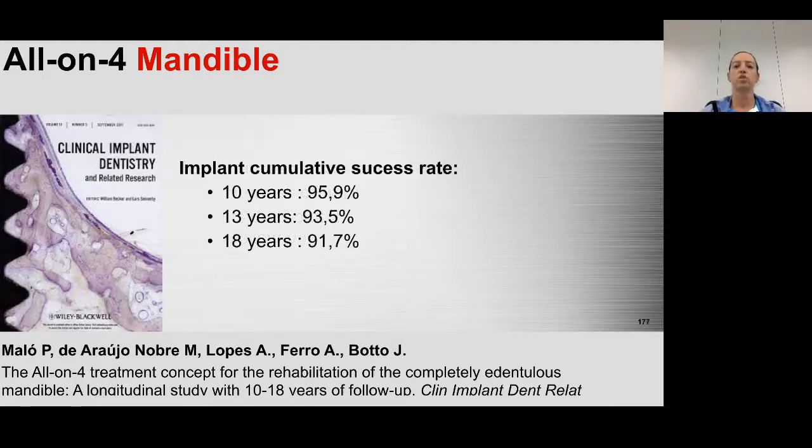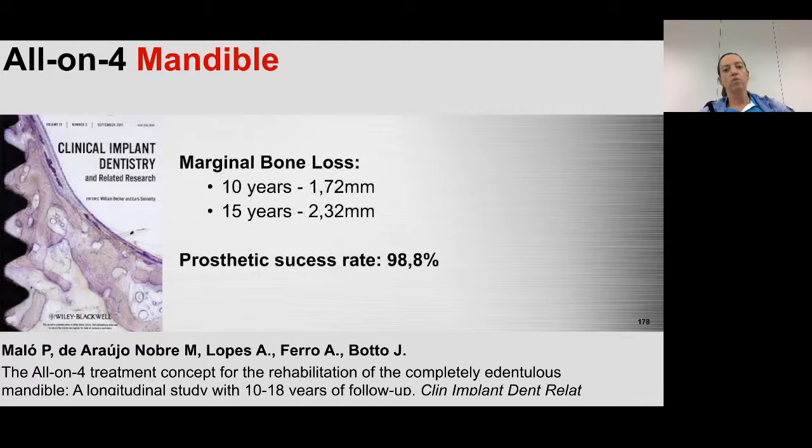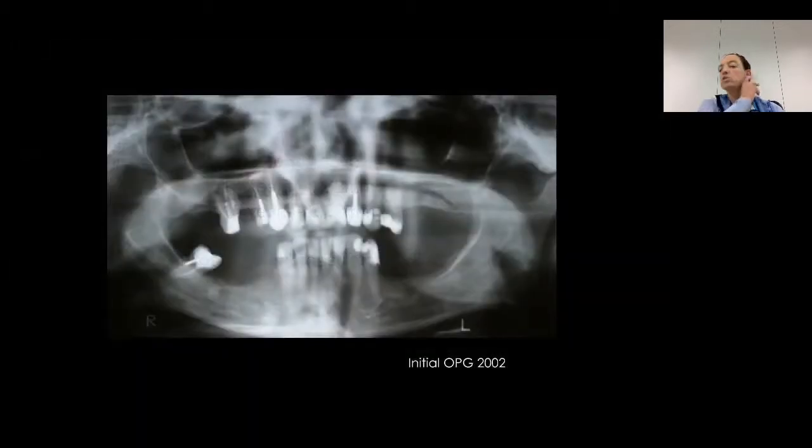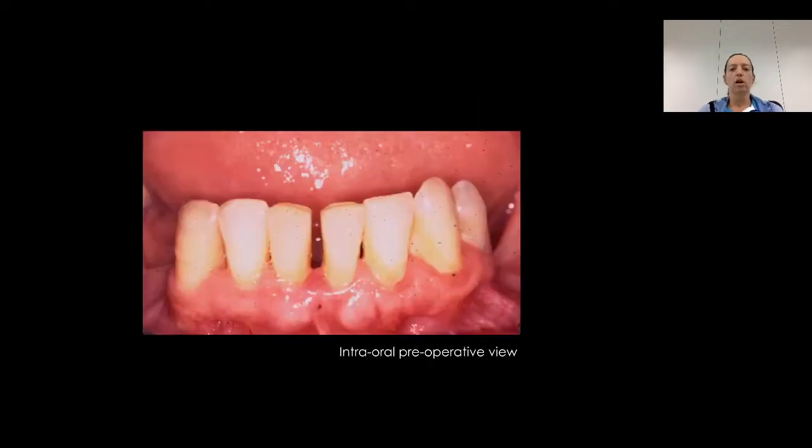At 10 years we got a cumulative success rate of 95.9%, at 13 years 93.5%, and at 18 years 91.7%. For marginal bone loss, we have 1.72 millimeters at 10 years and 2.32 millimeters at 15 years, with a prosthetic success rate of 98.8%.